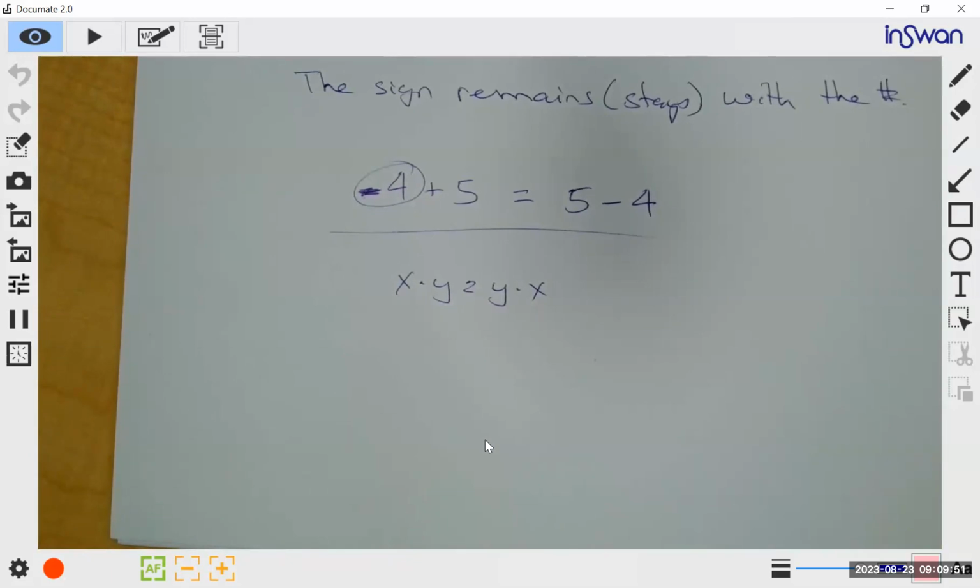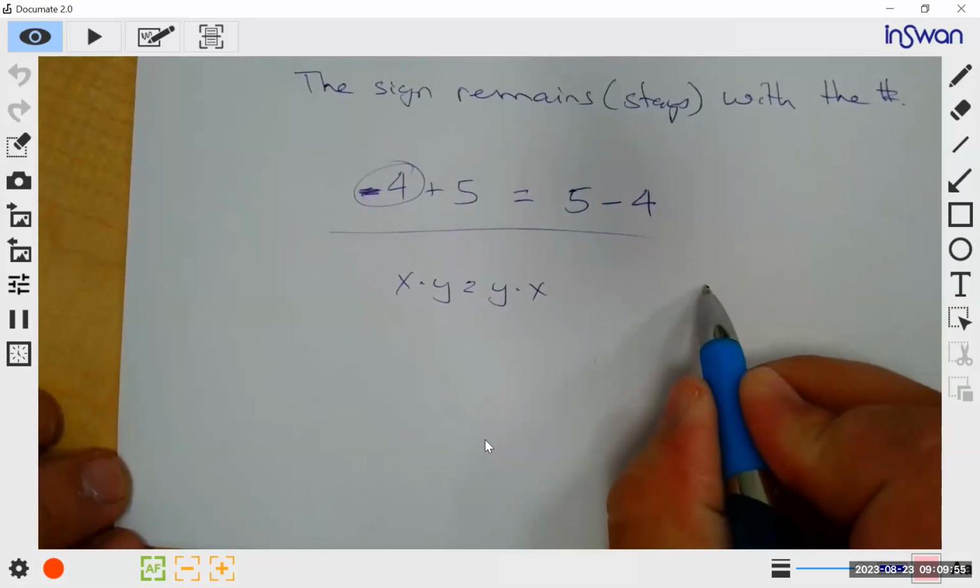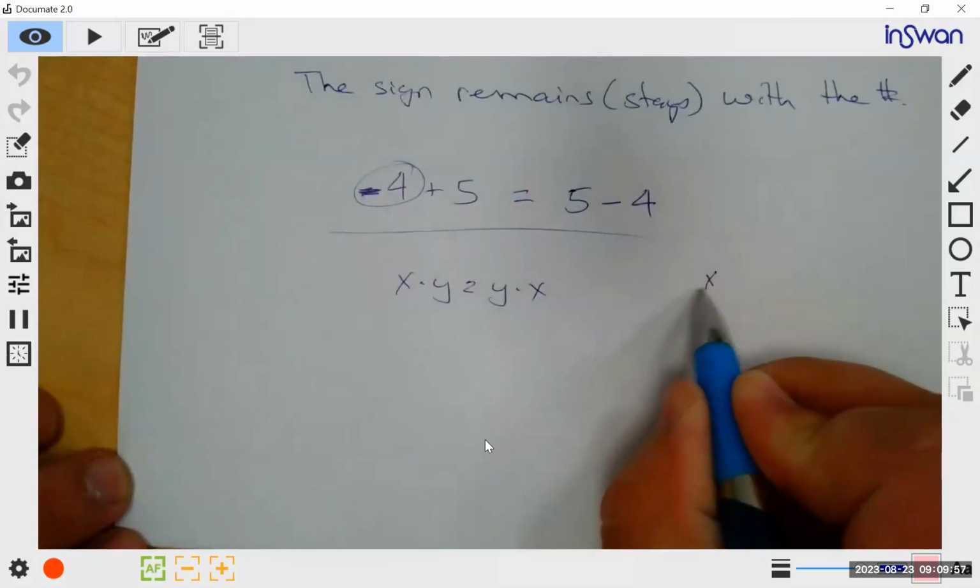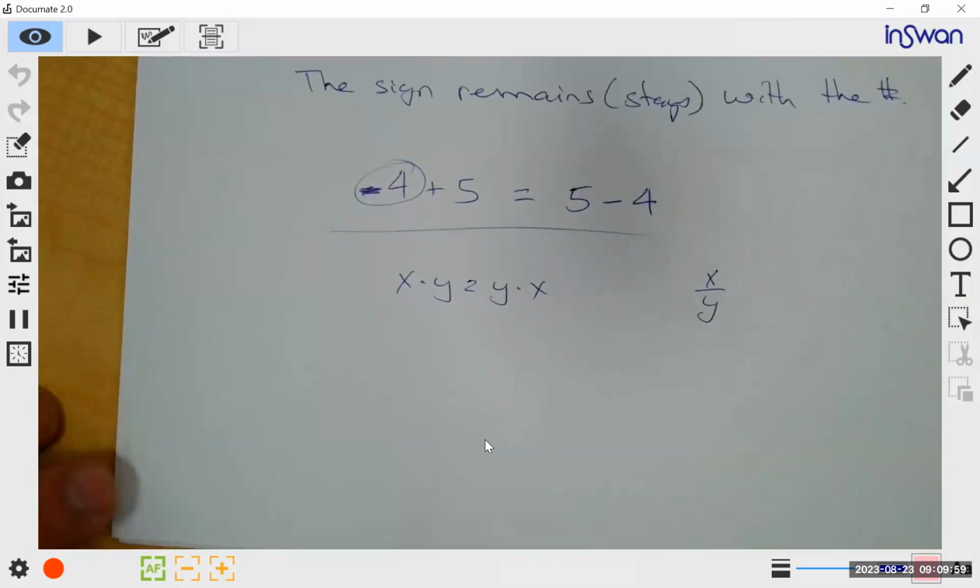Does that always work? No. Because division is already a reciprocal of itself. So whenever we talk about the properties, we talk about addition and multiplication, and with subtraction and division, we have to do a whole set of different rules. You have to be very careful about them.